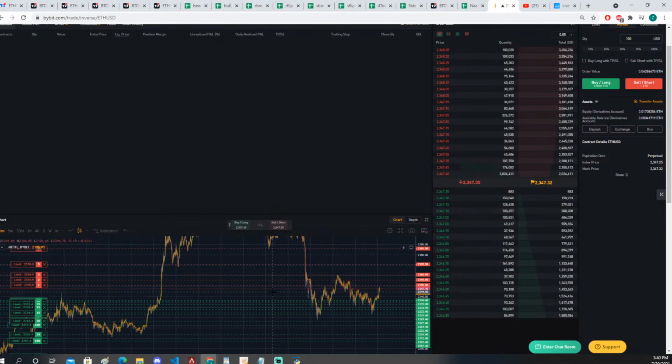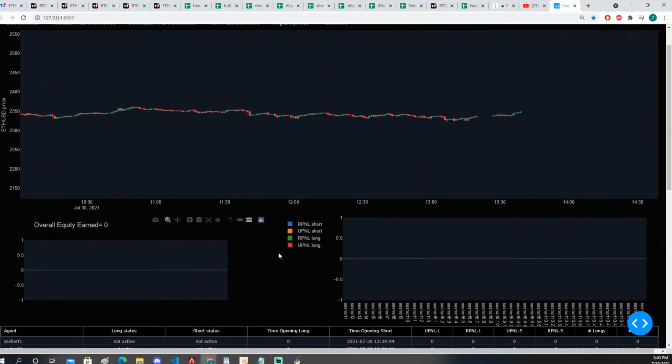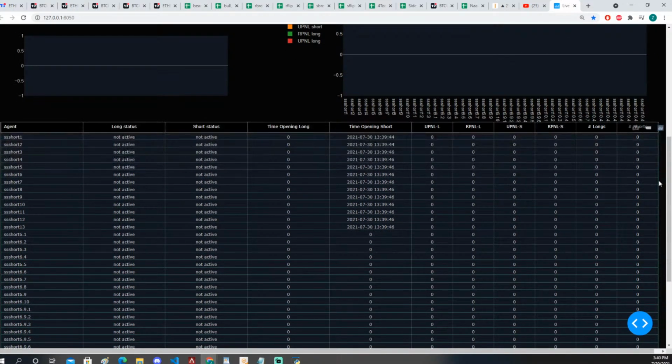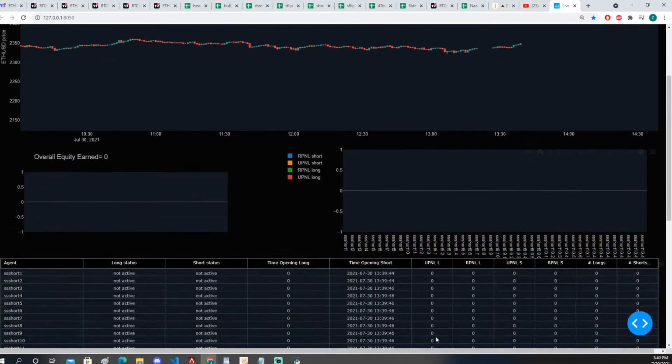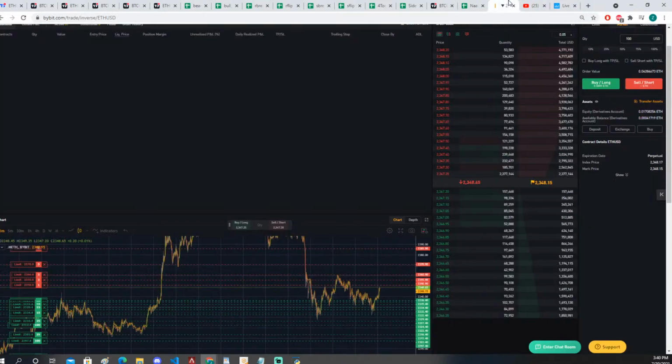We're very much focused on the logic itself, and the strategies behind it, instead of having it look clean. It does look decent, with the equity curve showing you your profits, all the agents basically here with their P&L, and here with some more details with their opening times and everything. So you have a lot of details, but it's just not the most fun thing to watch, right? Unless you like scientific stuff.